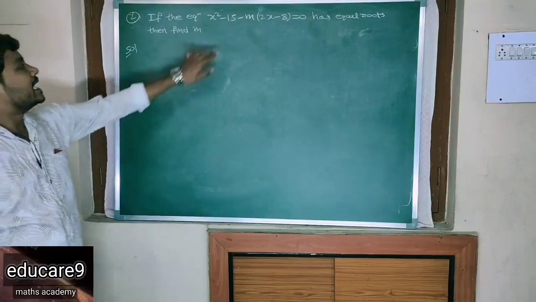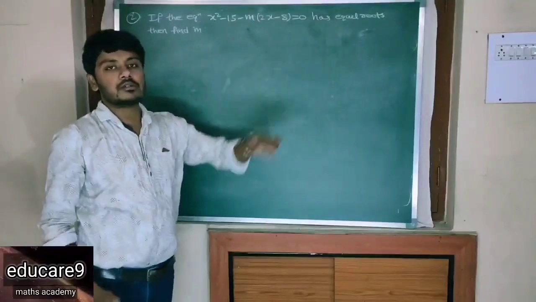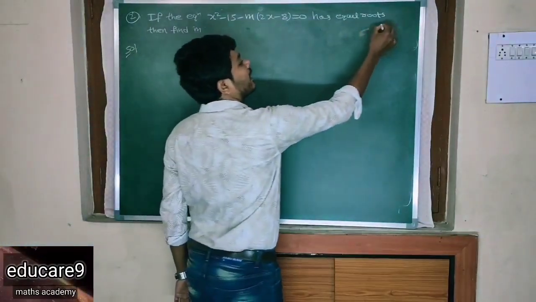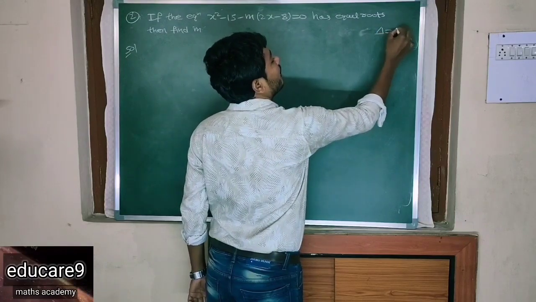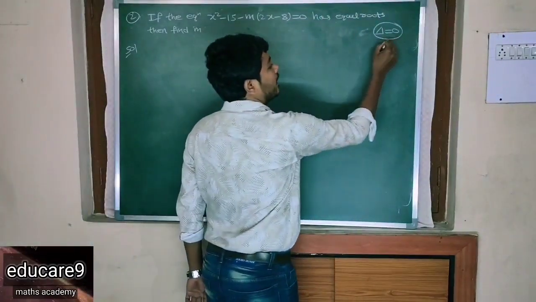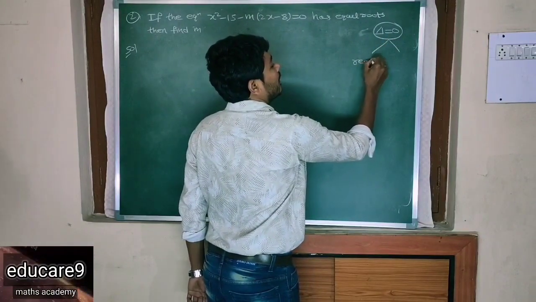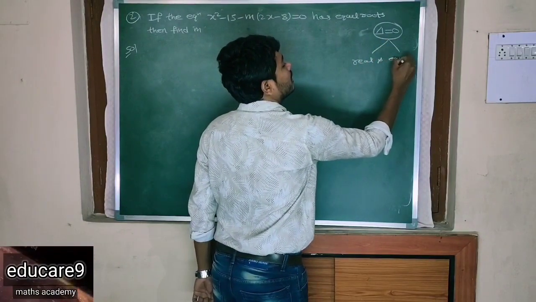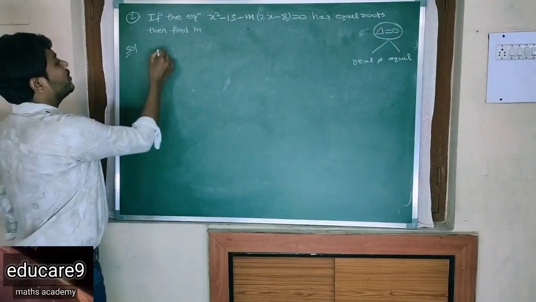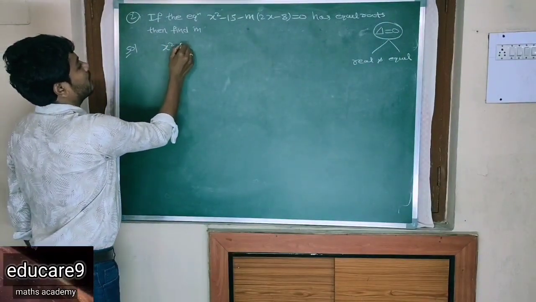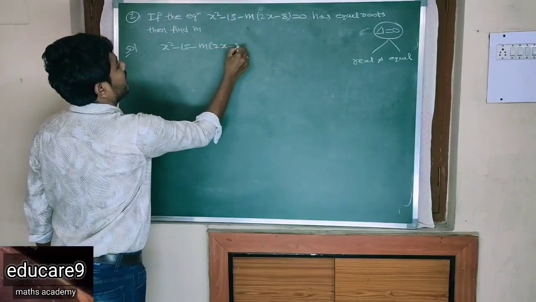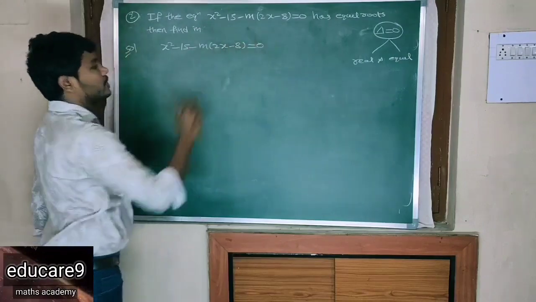So here the given equation has equal roots. So whenever the roots are equal, if delta is equal to 0, in that case roots are real and equal. Now the given equation is x square minus (15 minus m) into 2x minus 8 is equal to 0.